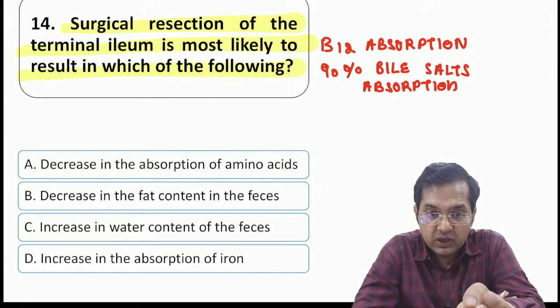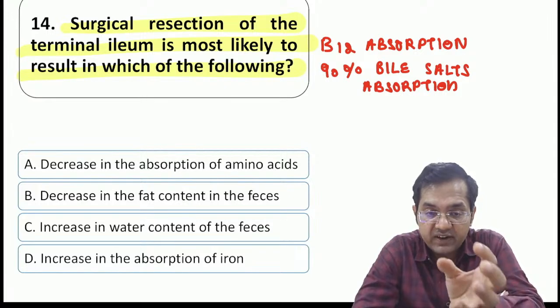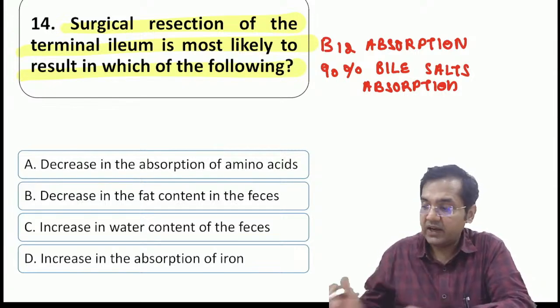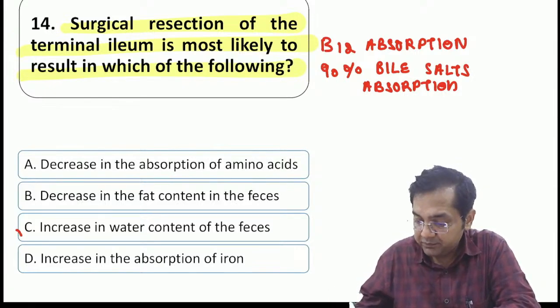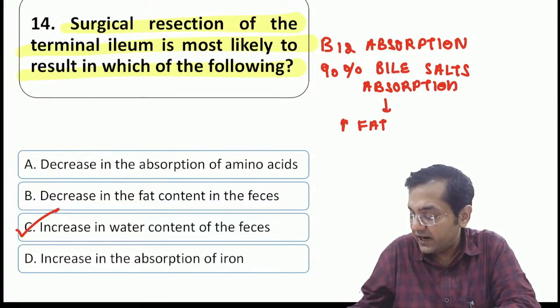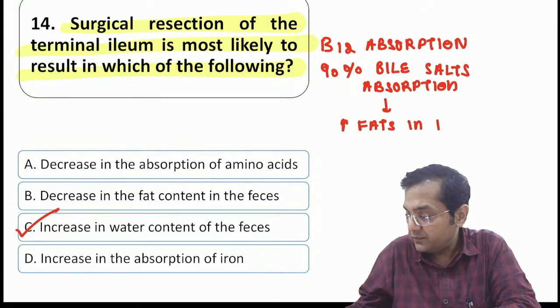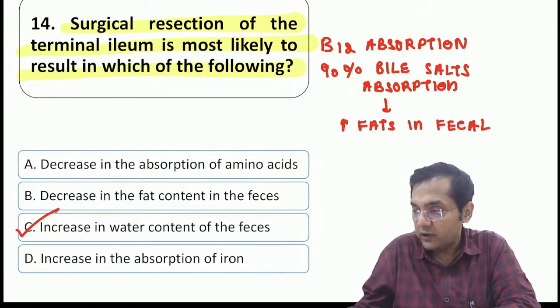So now lots of fatty content, lots of fat and fatty acids will be in my feces, and fats will draw lots and lots of water by osmosis. So what will happen? There will be increase in water content. This causes increased fat in the fecal content.